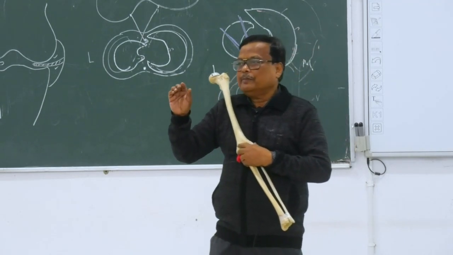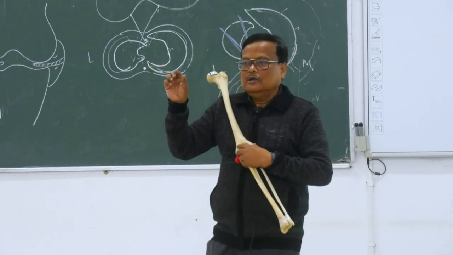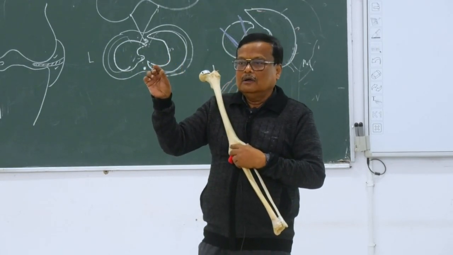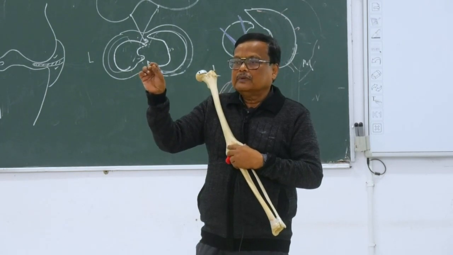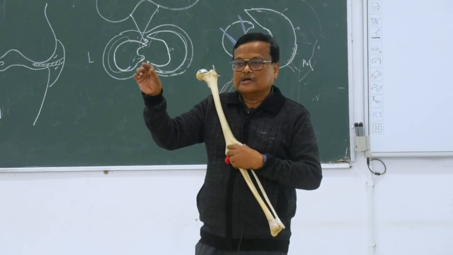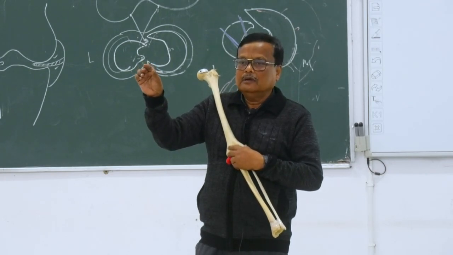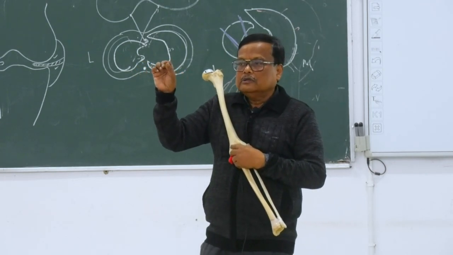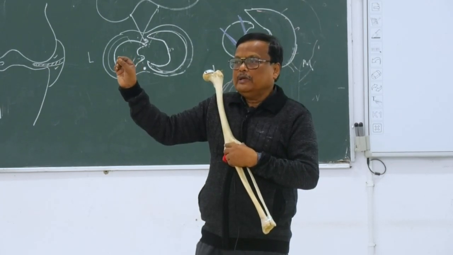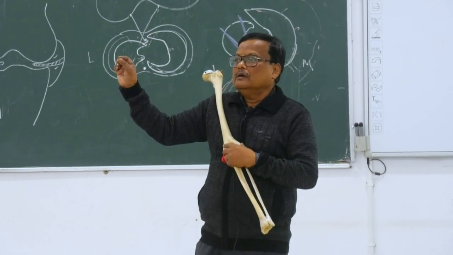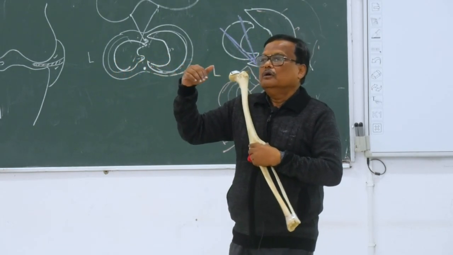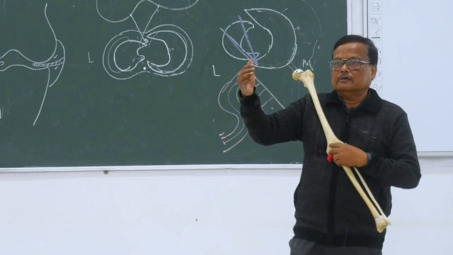In the upper compartment, first stage, the condyles of the femur roll forward on the upper surface of the condyles of the meniscus. Number 2, the posterior part of the capsule, the oblique popliteal ligament, prevents further forward rolling.